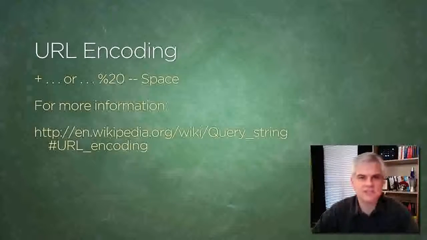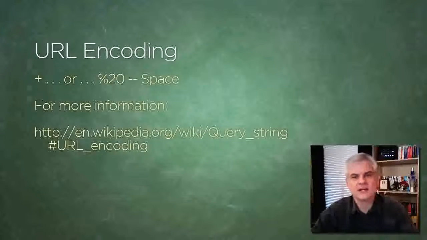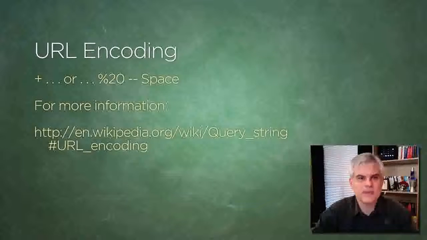You have to convert that space character to one of two things, either a plus symbol or the %20 ASCII code. The percentage is an escape sequence to indicate that it's an ASCII value, and then the two digits that follow are hexadecimal values that indicate what kind of ASCII character.